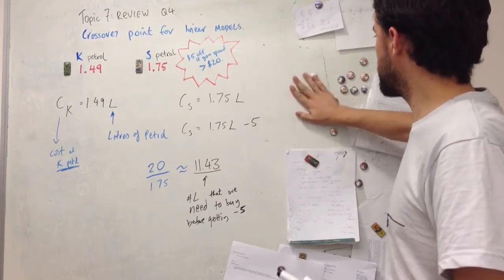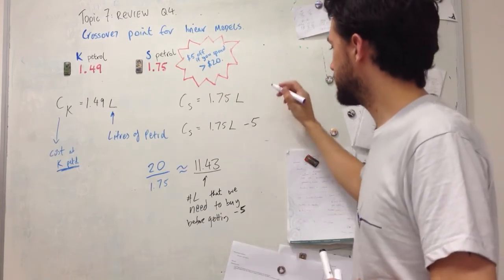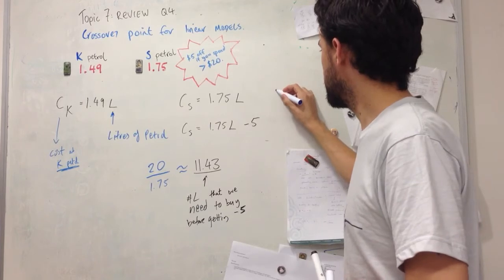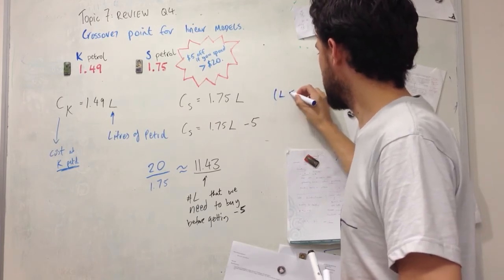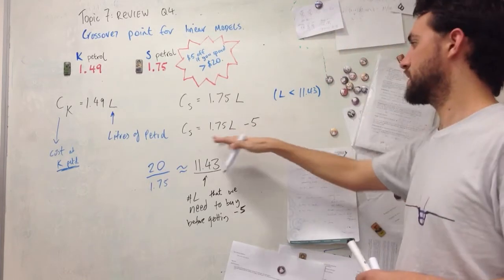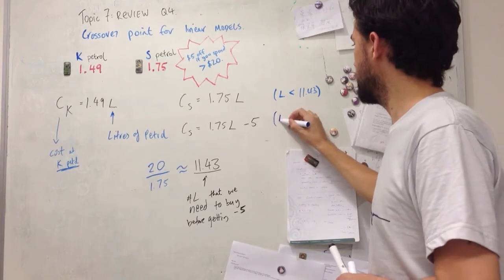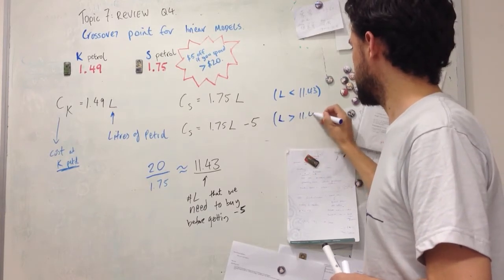That helps us put the constraints on these models here. So it's going to be 1.75 L if L is less than 11.43, and then it's going to be 1.75 times the number of litres minus $5 when L is greater than this 11.43.